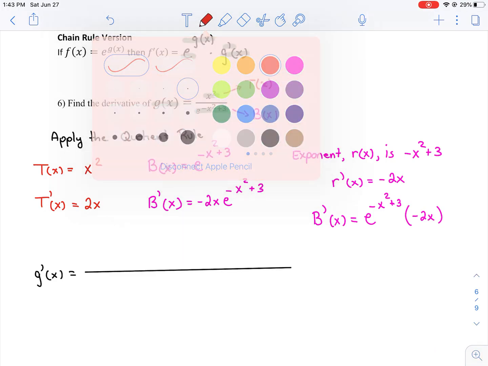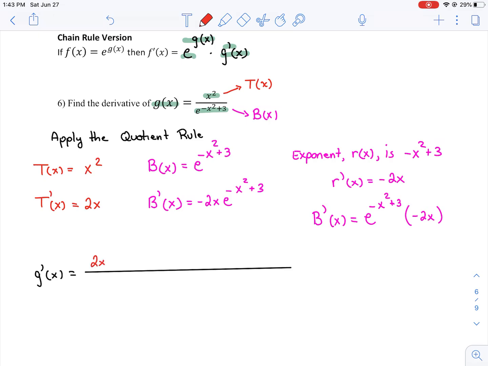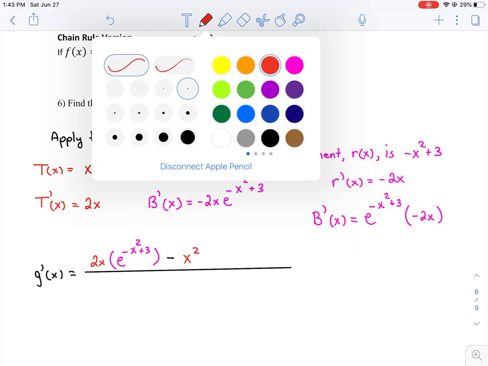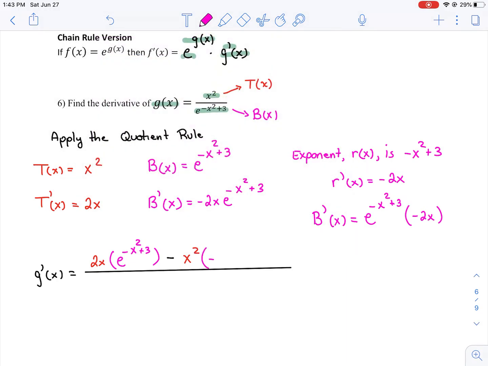It's the derivative of the numerator times the denominator, minus the numerator times the derivative of the denominator, all divided by the denominator squared.